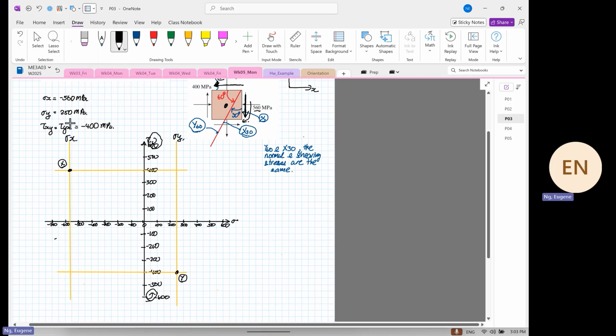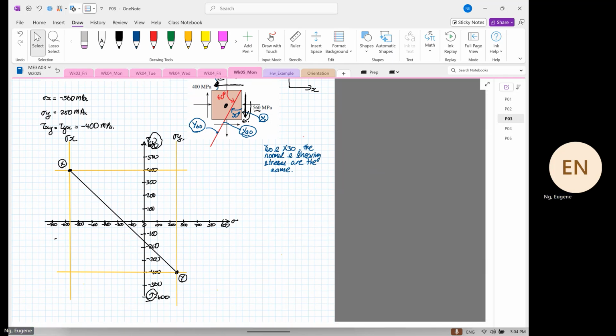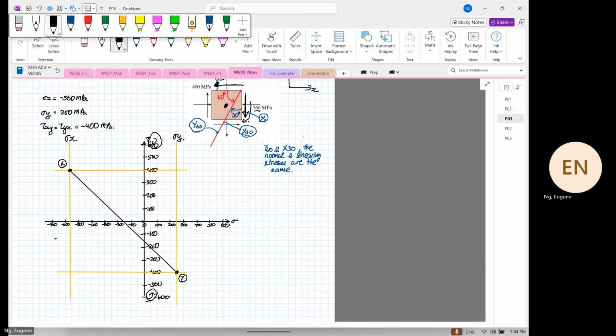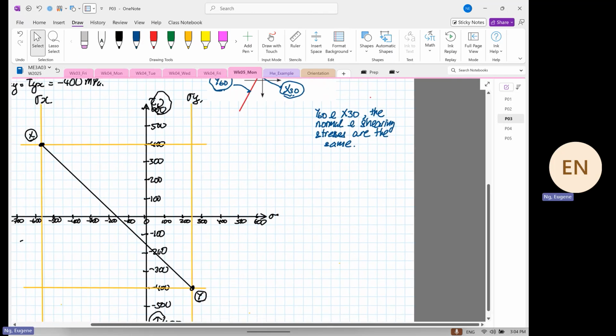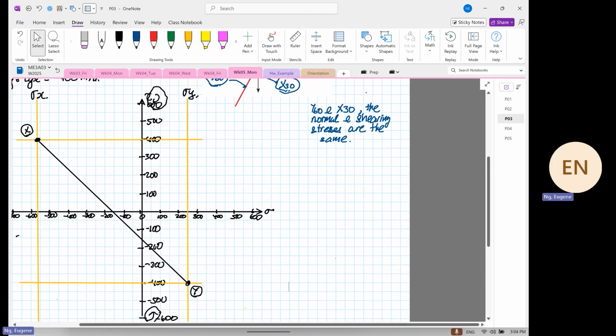So from here, we draw a straight line. Upon drawing a straight line, the process is always the same. What is this process? If you don't believe me, look at last week's notes.